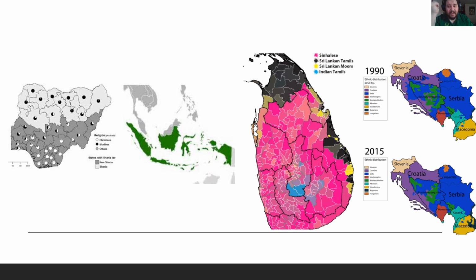And in this case, we had one capital in the south, which was a source of conflict because that's the majority Christian south. But we have two distinct majority cultures in Nigeria, Muslims and Christians. And so there was an air of unfairness because of this, right?